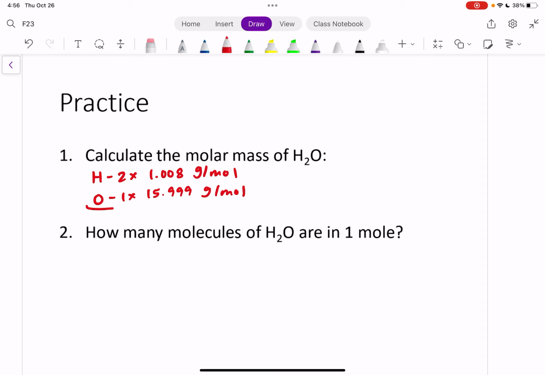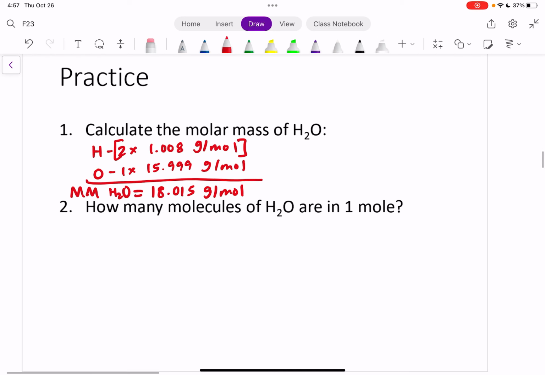Okay, and now we've got to total all of that up, remembering that we have to do this multiplication first. And that's going to give me the total molar mass of my H2O molecule. So molar mass of H2O equals 18.015 grams per mole.